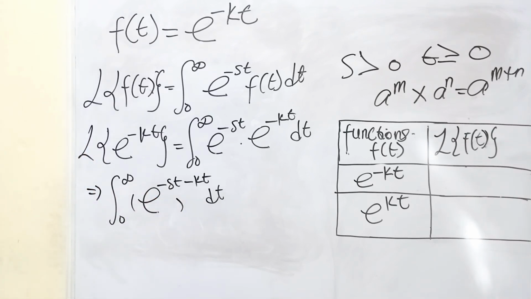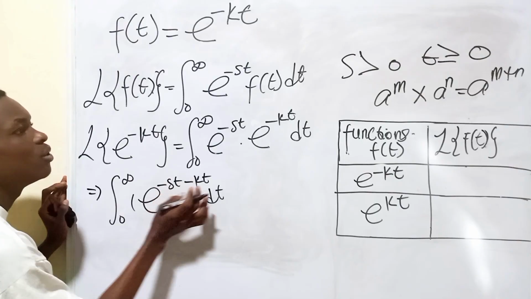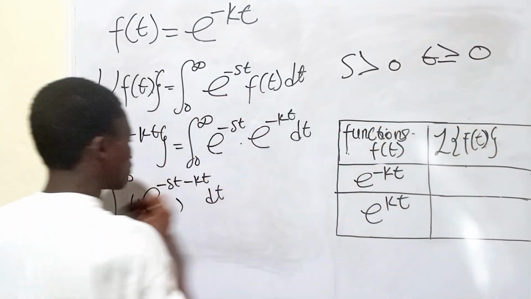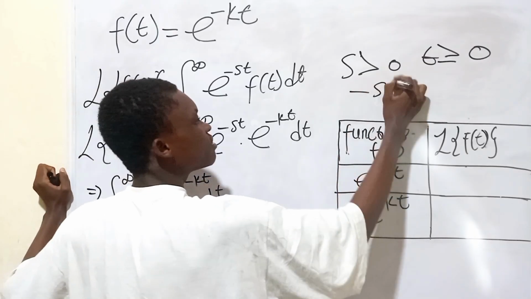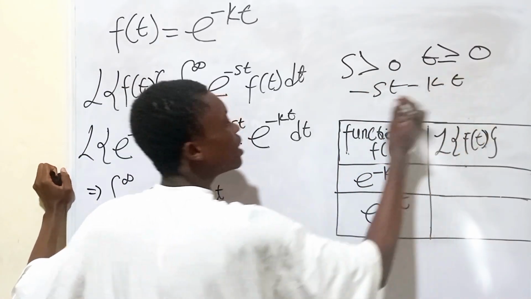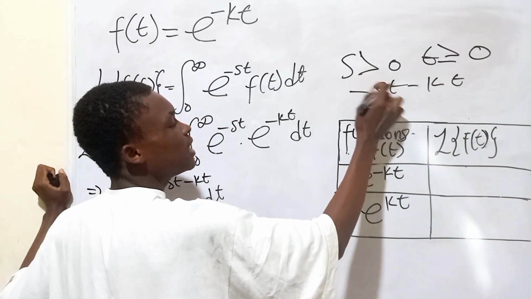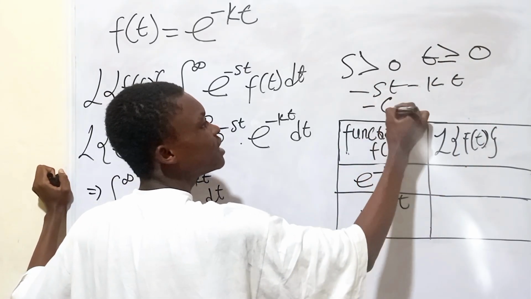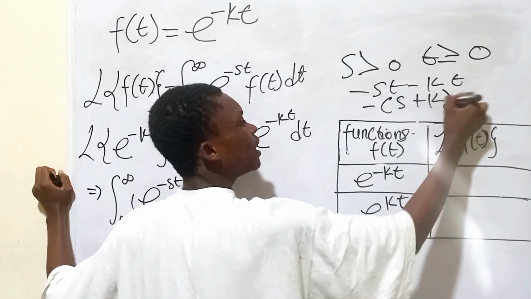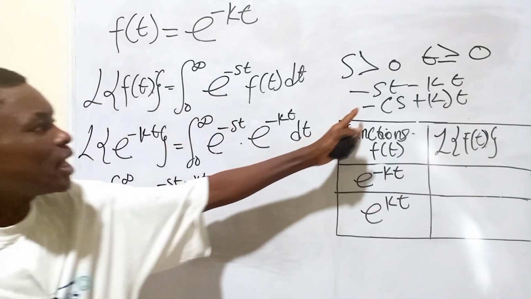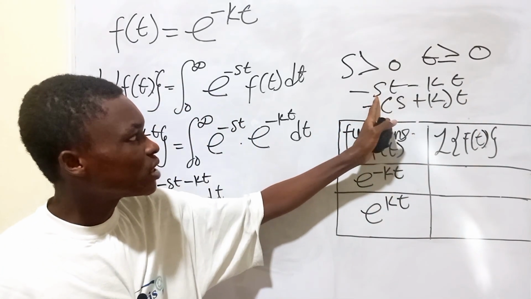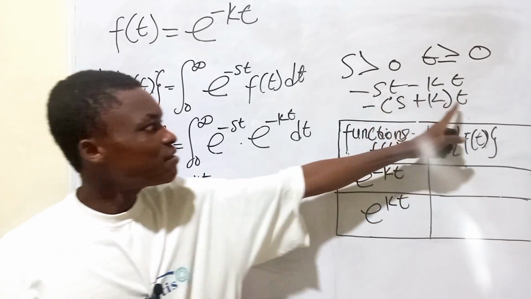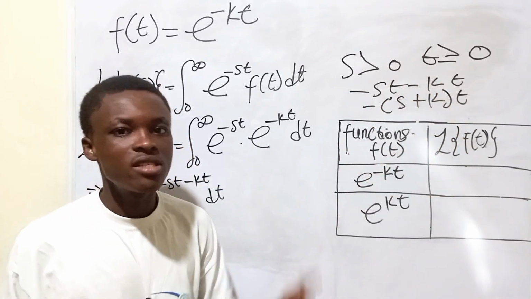Alright, so what do we do next from here? Clearly, you can see a negative sign here. Let's factorize this. If we have negative st, negative kt, if we factorize out negative t, we have negative s plus k, then t outside, because negative t times s gives us negative st, and negative t times k gives us negative kt.